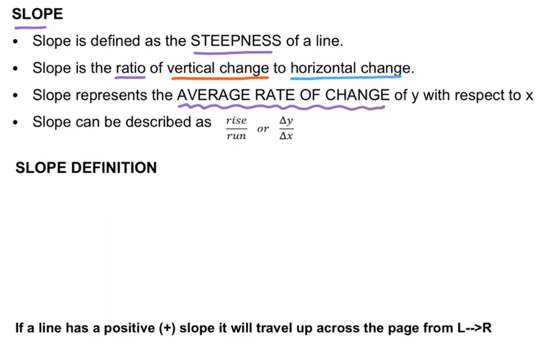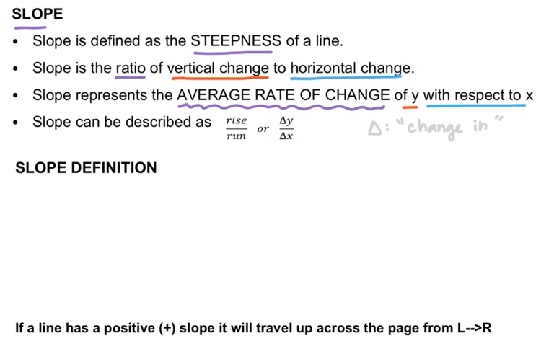And then look at this, of y, vertical, with respect to x, horizontal. Slope can be defined as rise, vertical, over run, or we use this delta y over delta x. That delta symbol means change in. And you'll notice here we have change in y, vertical, over change in x.